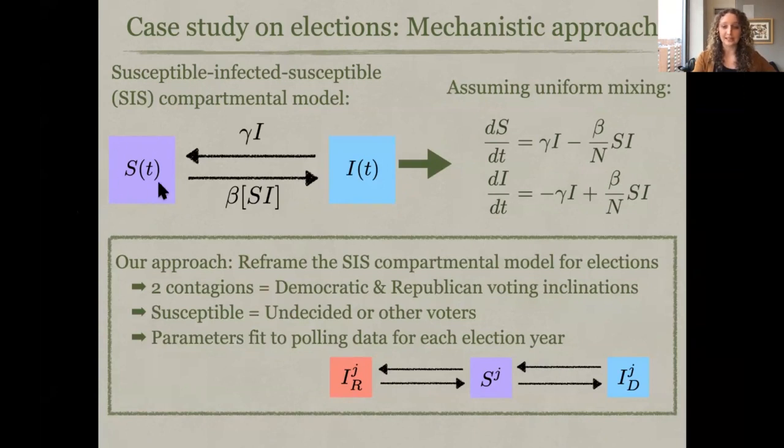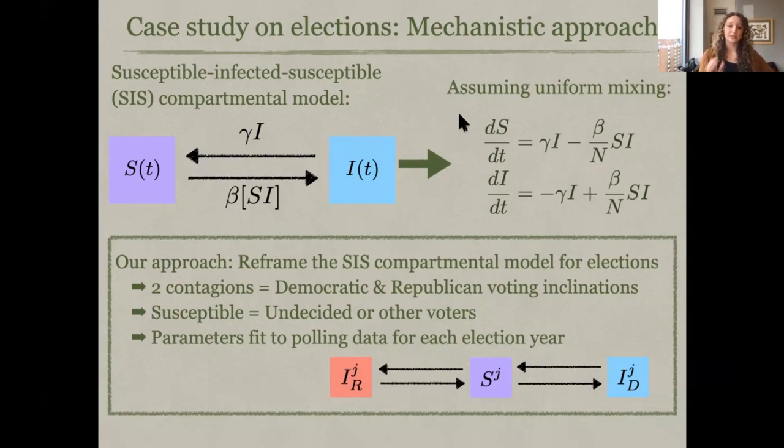People can be susceptible to a contagion or infected with a contagion. And then there are two dynamics in the system. Susceptible folks can become infected, and that depends on some transmission parameter beta when susceptible and infected individuals interact. And then infected individuals can recover, and that depends on some parameter gamma.